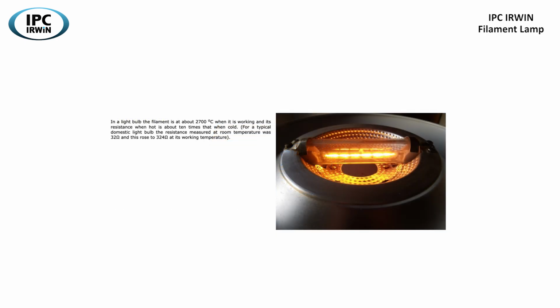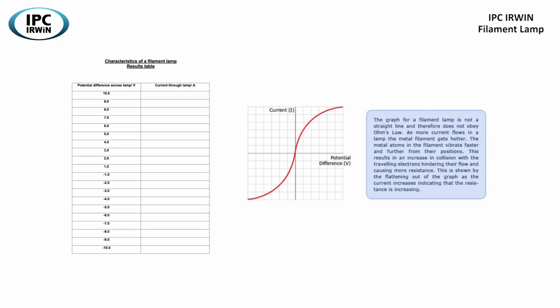So if we look at the values of current and voltage, we measure the gradient, we can work out the resistance, and we can see that it is increasing as the potential difference across it increases. And this is in contrast to the other video where we looked at the resistance of a constant wire, which was ohmic.